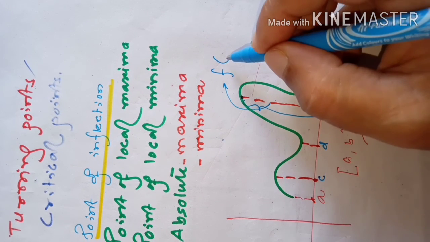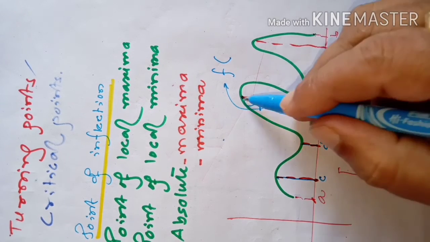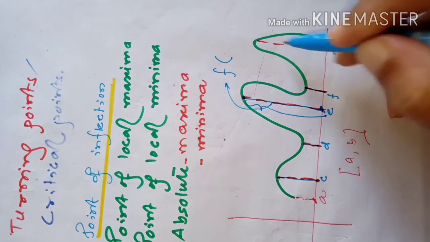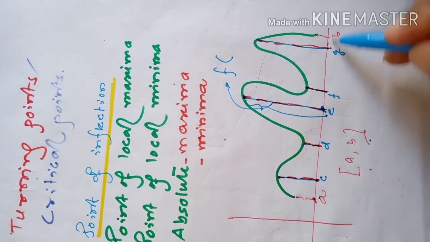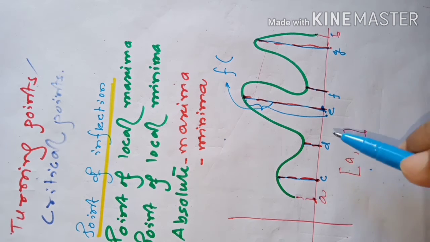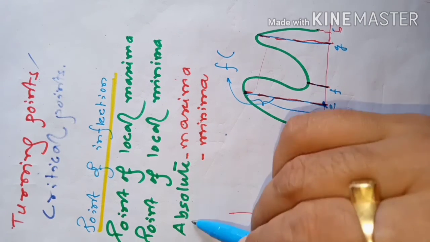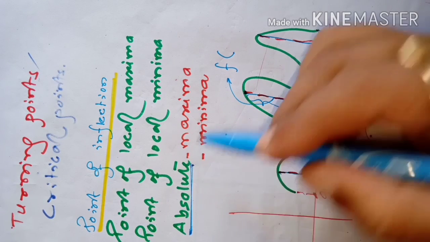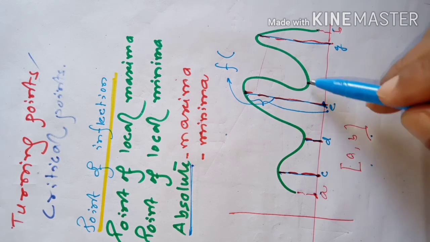Absolute maximum value means this is also a maxima, this is also a maxima, this is also a maxima. But we are talking about this closed interval. Inside this closed interval, there are so many local maxima, but among these local maxima, one is there which is the maximum. So that is called absolute maxima. And this is minima, this is minima.